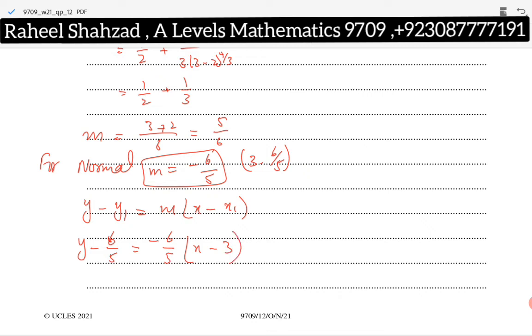Is that clear? So this is the gradient. Now y minus 6 by 5 is equal to minus 6 by 5 x plus 18 divided by 5. And this is the equation of the normal.